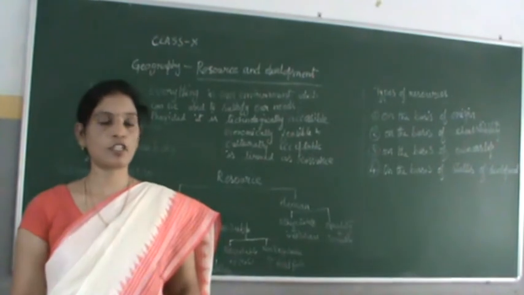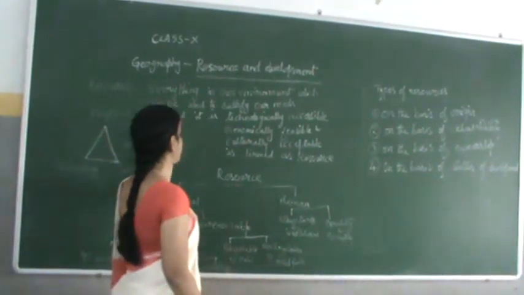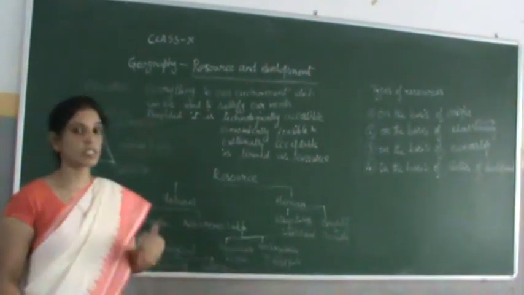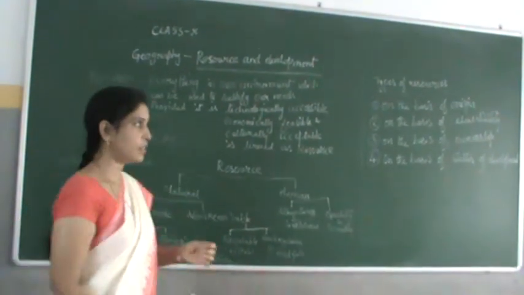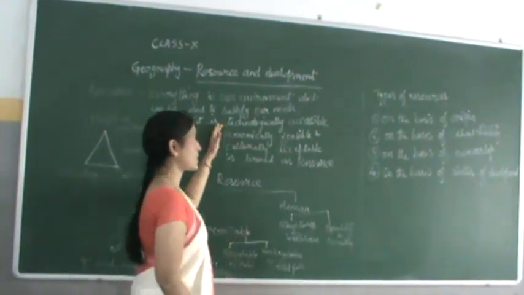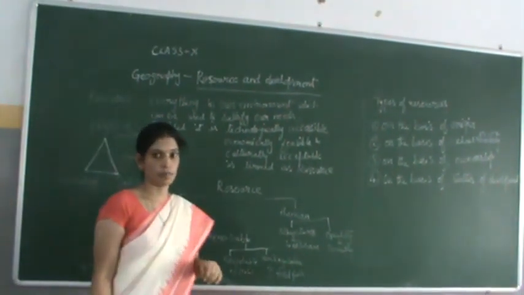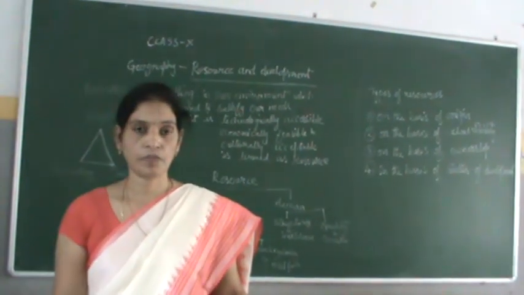So, in this definition we understood what is resource. Everything in our environment which can be used to satisfy our needs. We are very familiar with this. But the three terms, technologically accessible, economically feasible and culturally acceptable, what do these three terms in this definition mean?